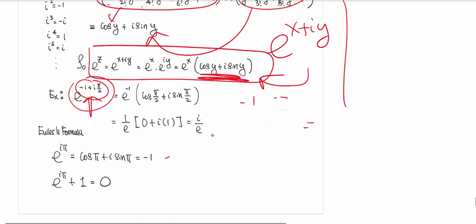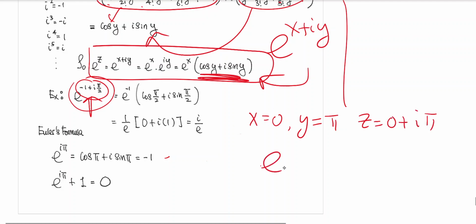Now, some of you have seen this formula before, but if you apply it very specially, if you look at the complex exponential and apply it to x equal to 0 and y equal to pi, you're looking at a complex number of this form. So we know that e raised to the power of 0 plus i pi, which is our e^(iπ), will be cosine of the angle pi plus i sine of the angle pi.